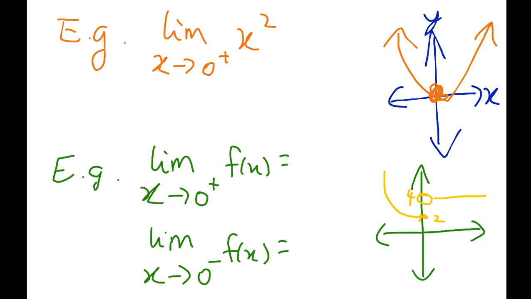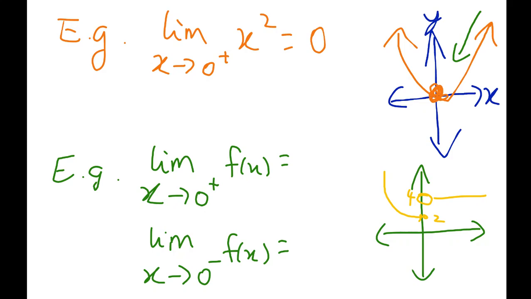And we're going to go from the positive side. So what that means is we're going to go from this plus bit going down that way towards 0. As we go towards 0, you will notice that this actually goes towards 0. And so all you need to do is write equals to 0.